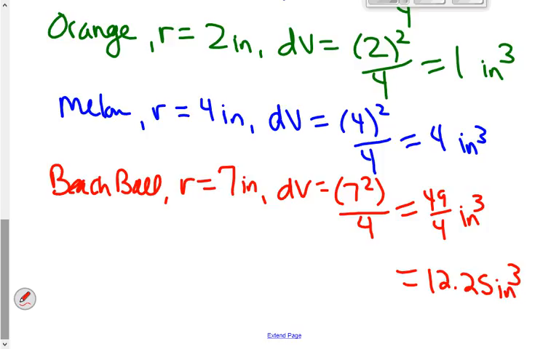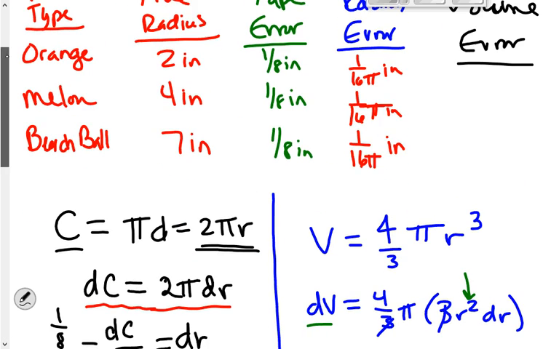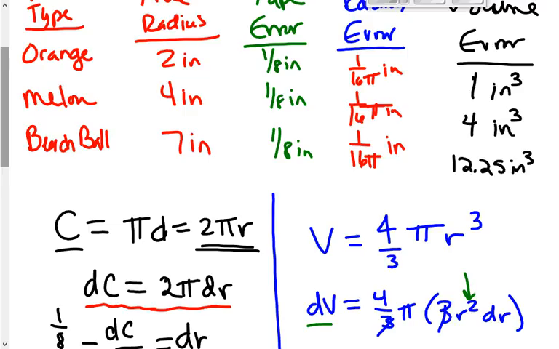So we can take all of those values and put them back up into the table. Okay? So if we go all the way up here, the error for our orange was 1 cubic inch, the error for our melon was 4 cubic inches, and the error for our beach ball was 12.25 cubic inches.